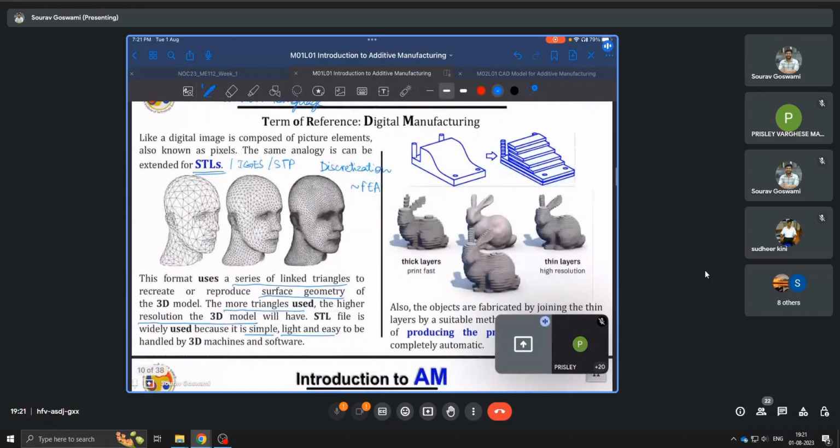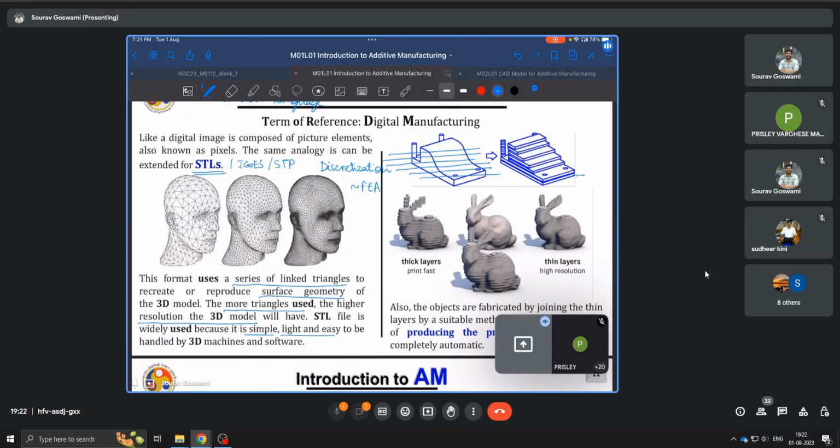On the right here, we have examples of how slicing can affect the final outcome of a 3D printing process. So slicing is basically dividing anything into slices or layers. The intersection of these slicing planes with the 3D geometry generates certain profiles, and it is those profiles which are printed in each layer, such as you have on the right.